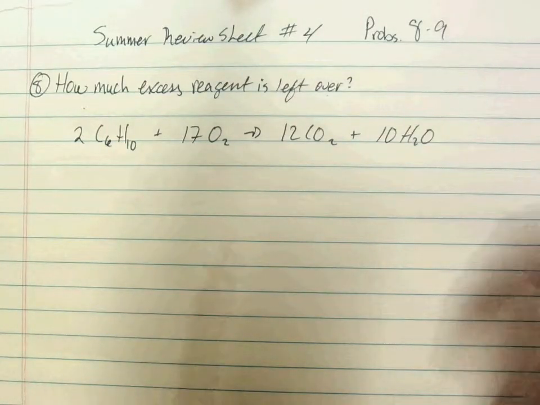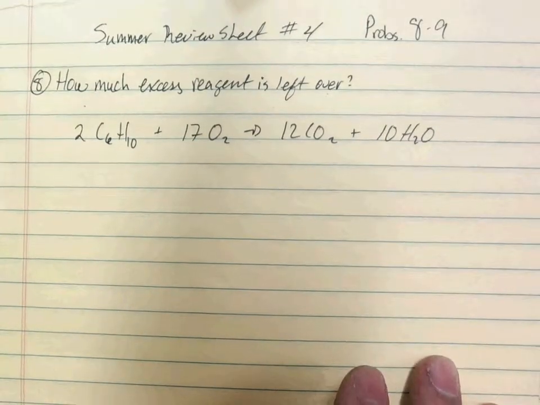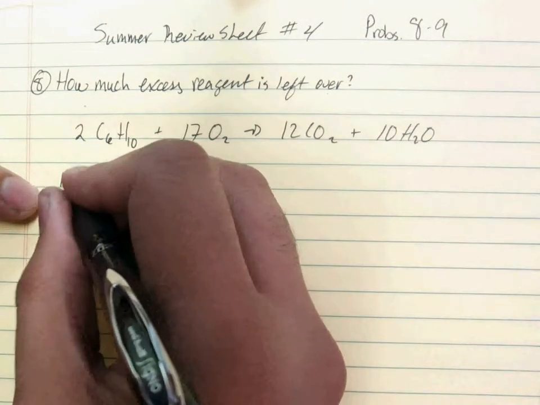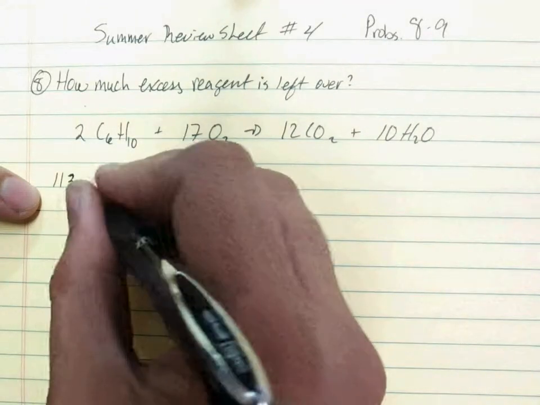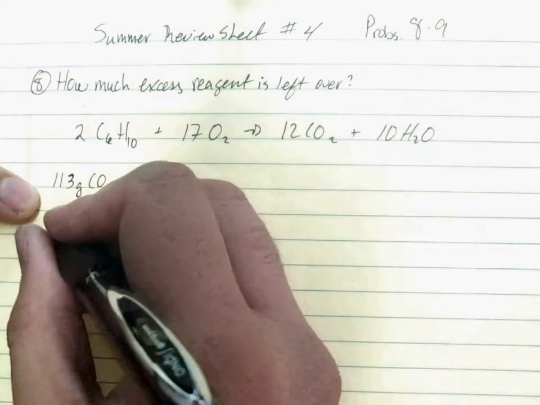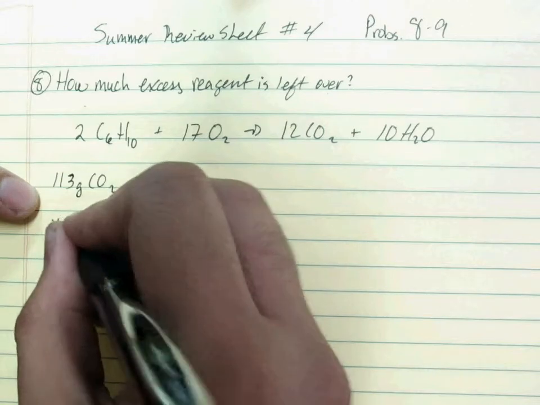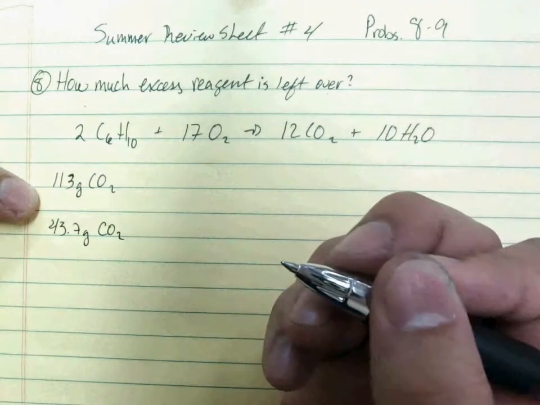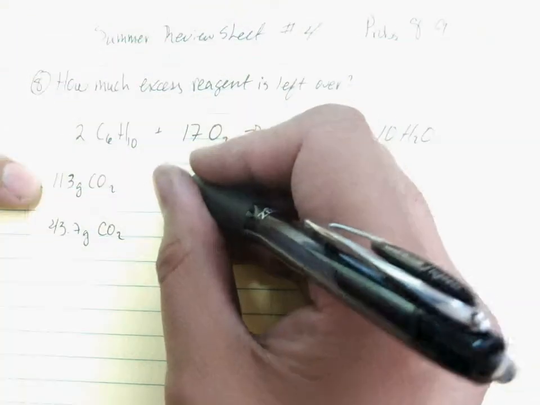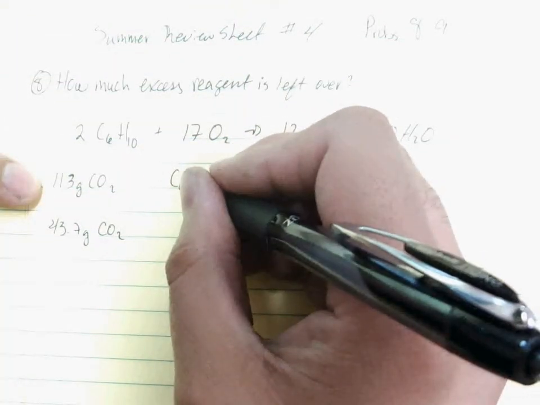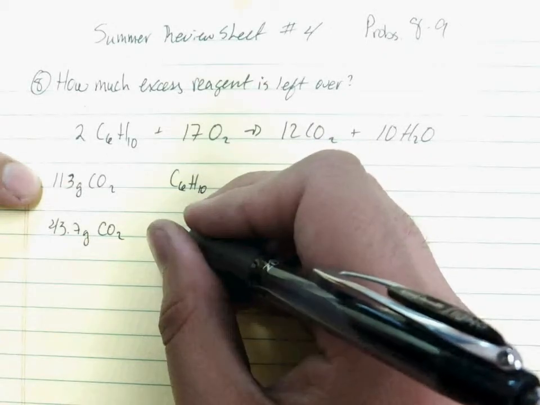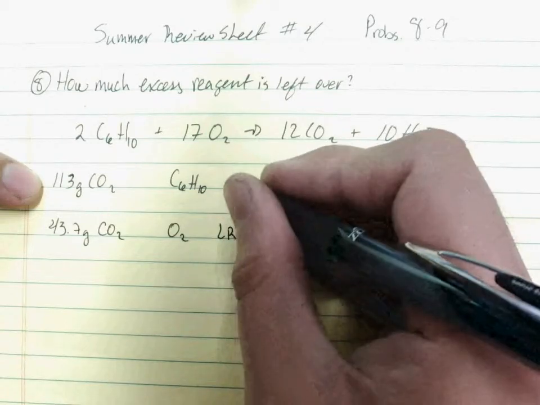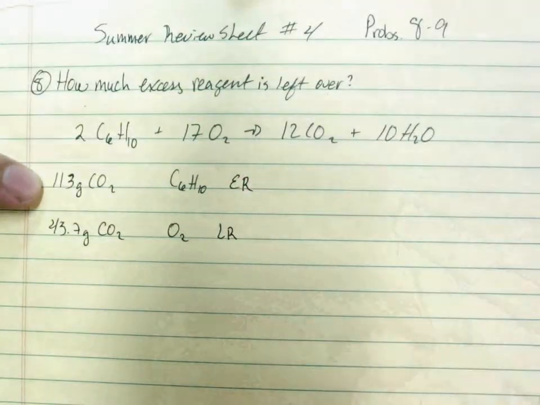Based on the stoichiometric calculations we did, we saw that we could make either 113 grams of CO2 or 43.7 grams of carbon dioxide. The 113 could be made with the amount given of C6H10, and the 43.7 could be formed with the O2. So then this would be our limiting reagent, and that would be our excess reagent.